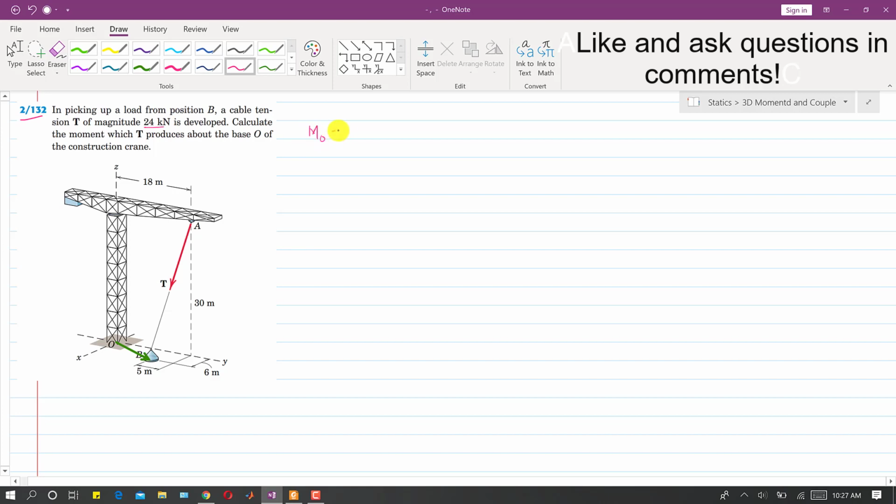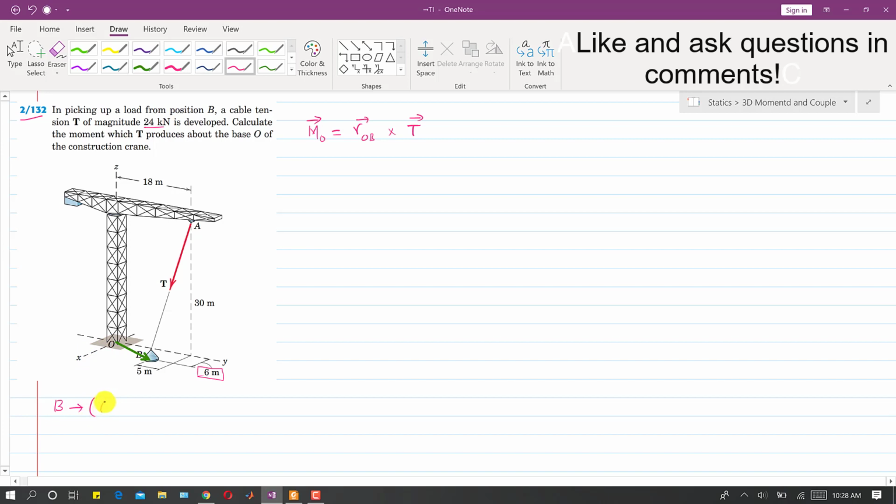So moment about O will be equal to ROB cross T vector. First we will determine the coordinates of point A and B. What are the coordinates of point B? If this is the origin, we need to travel 6 meters along the x axis.